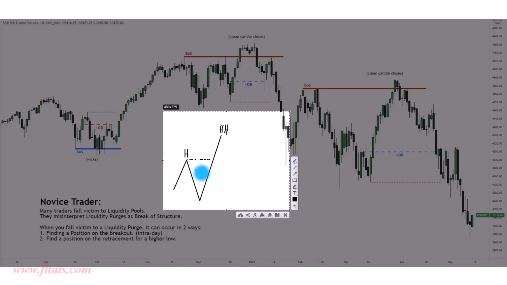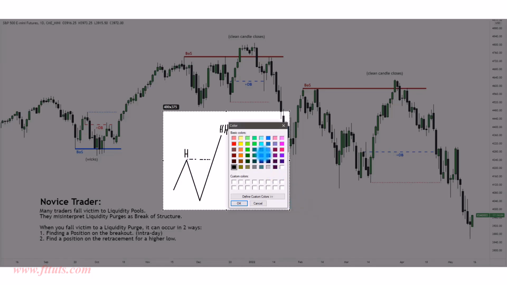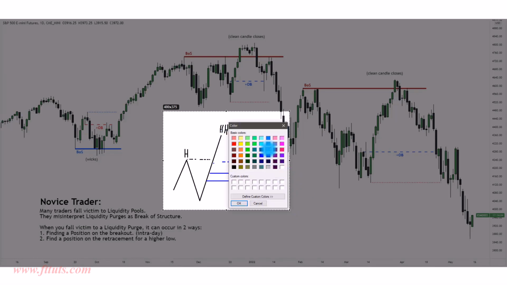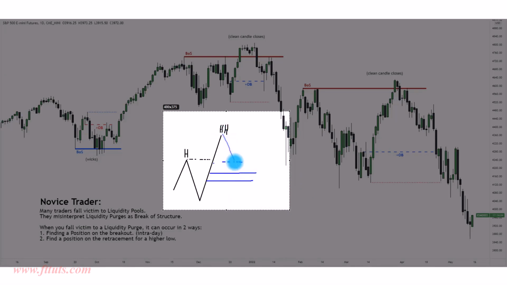Okay, so what they then do is they start having limit orders here in a discounted market compared to this low to this high. This would be considered discount. They have their buys set there, and they're expecting price to trade into the discount and then create another high.